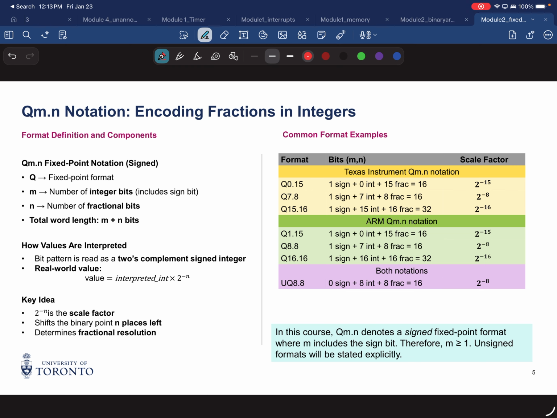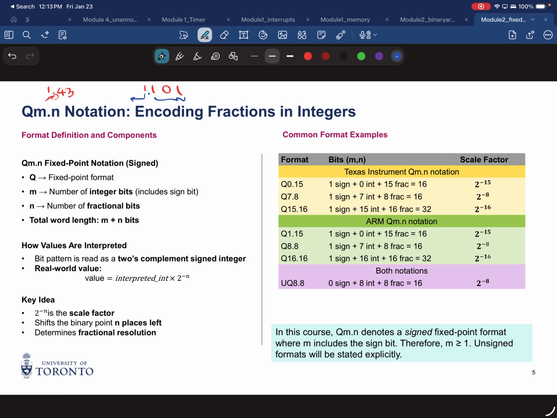So Qm.n is a way to show where I want the binary point to be. For example, in decimals, when we say 1.43, this is our decimal point, right? And in binary, we call it the binary point. So if I have a string of 1101, let's say, and I say the binary point is here, that means I have only one bit of integer, and the rest of it, consider them fractional.